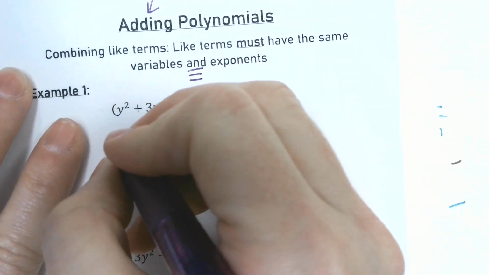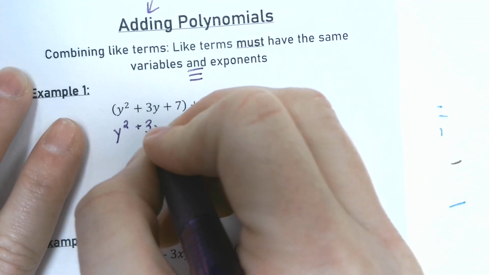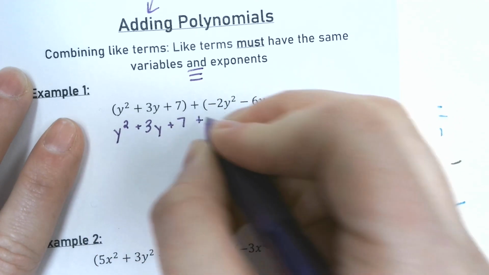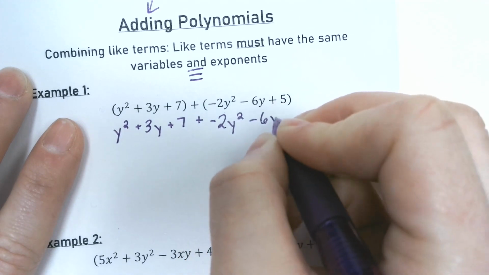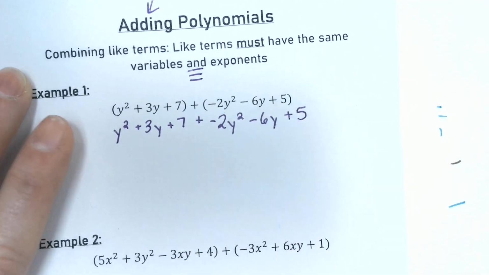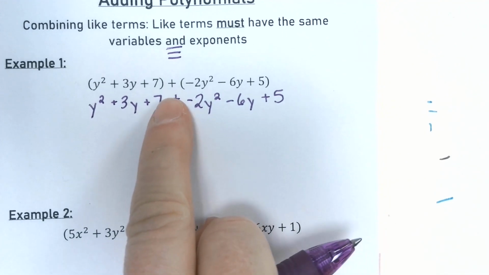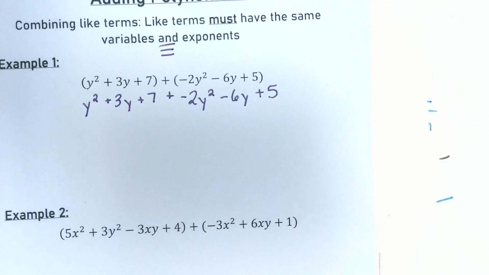So let's go ahead and rewrite it without the parentheses. So all I did was remove the parentheses because the parentheses didn't make any change to it because in front of this was a plus. So removing parentheses.